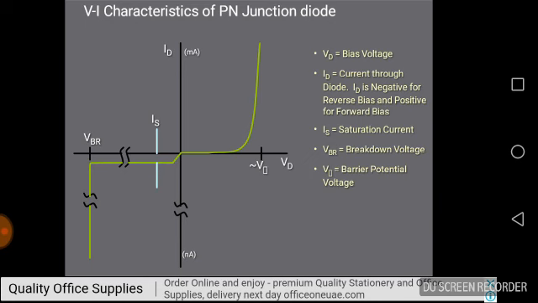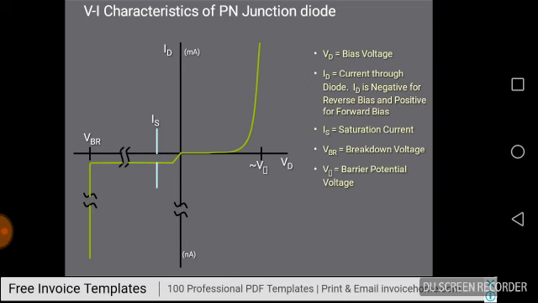So when we give a forward bias voltage less than typically 0.7 for silicon, no current flows, no charge carriers cross the junction, so you observe zero current across the device. When we increase our external voltage beyond that cut-in voltage, typically 0.7 for silicon or 0.3 for germanium, the current starts to increase rapidly and it reaches saturation.